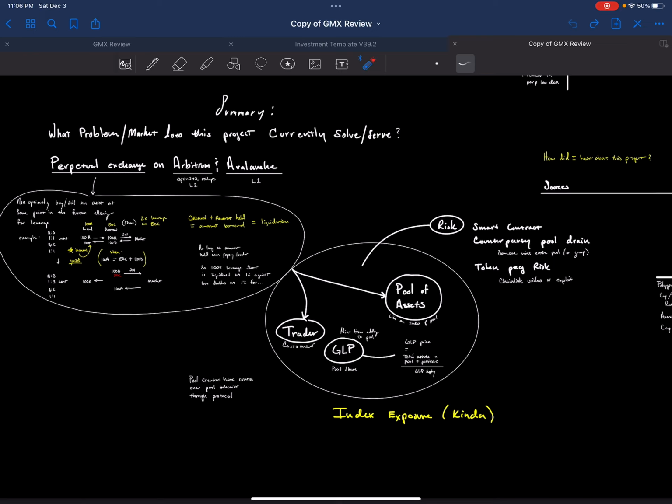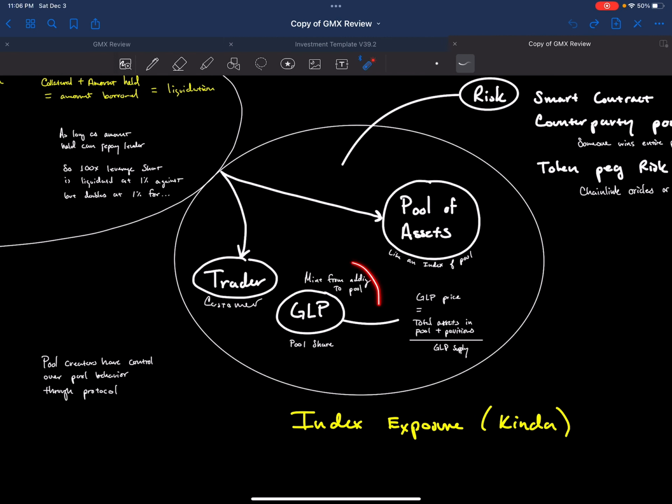So as people add to this pool, or as they take trades against it, this allows people to take these positions. And that's why GLP is a pool share. It is minted from adding to the pool. The GLP price is the token assets in the pool plus the trades, or the positions that are open.